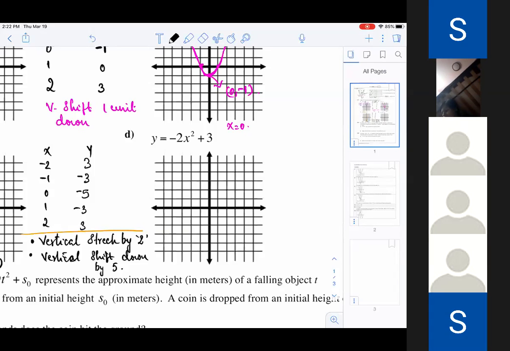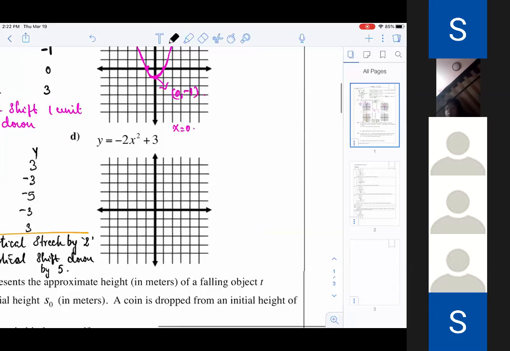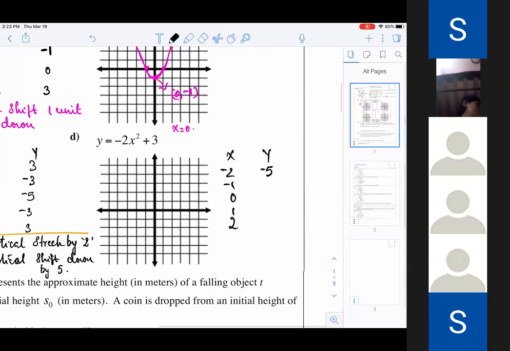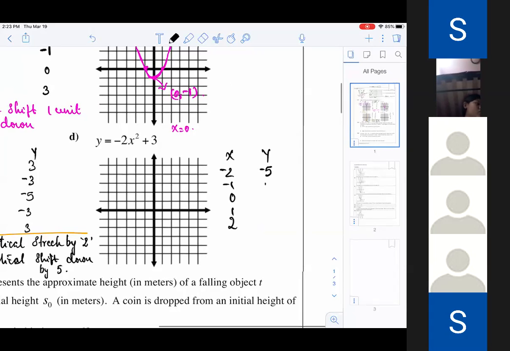Okay, so the table of values are x, y, -2, -1, 0, 1, and 2. What's the y value for -2? Is that -5? Yeah. Okay, then we have 1, 3, 1, and -5.